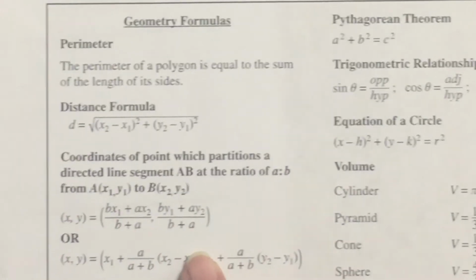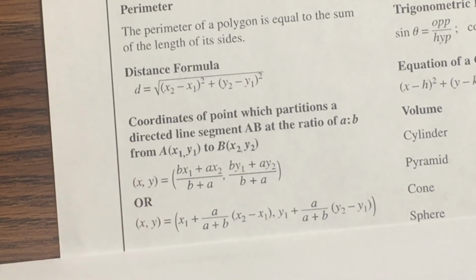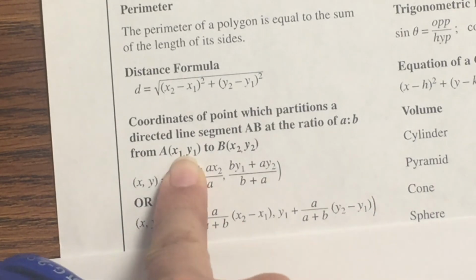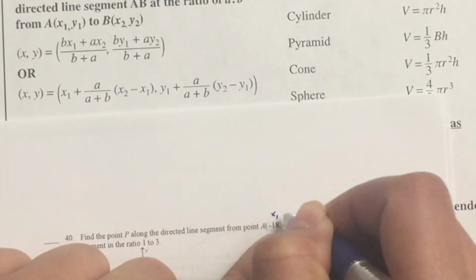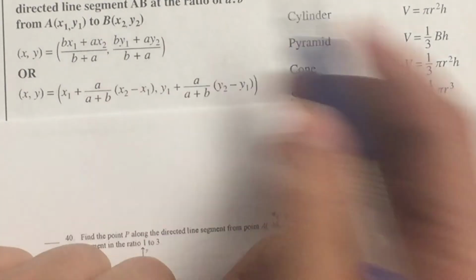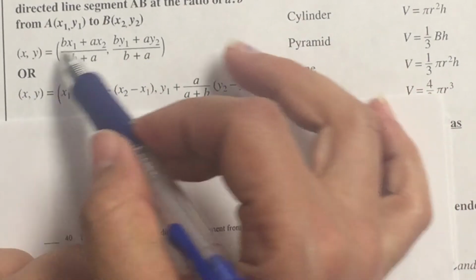So what we're going to do is take this A, B. A is x1, y1. B is x2, y2. And then you're going to plug it into here.